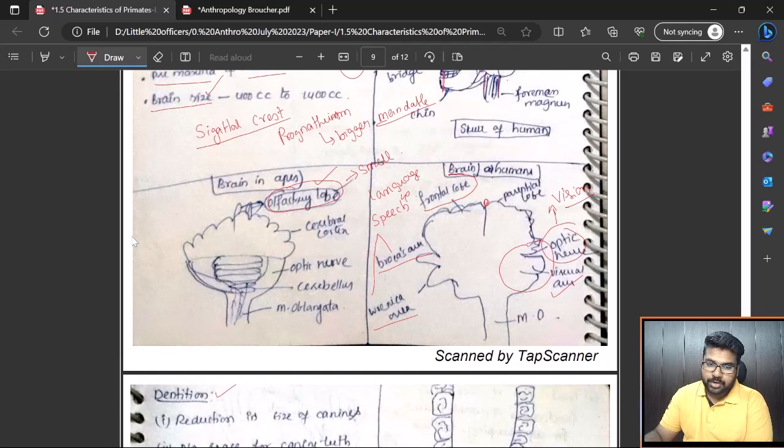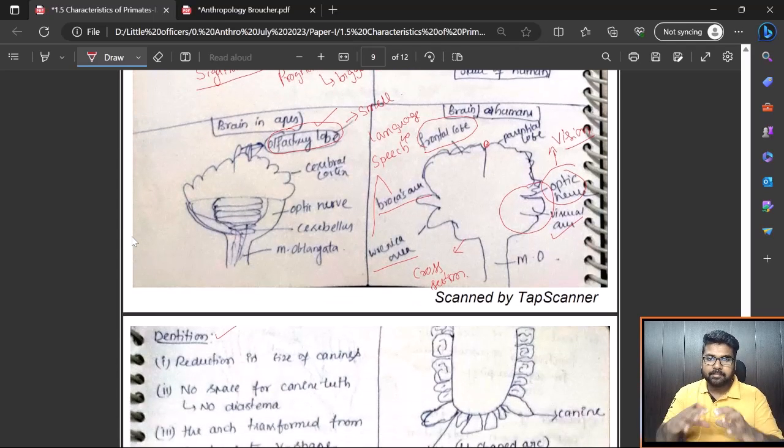Then the frontal lobe became very big. See, this is the cross section of the human brain. What we saw before was the top view, and if we cut that top view and take the cross section, we get a view like this. Frontal area, parietal area, optic nerve, visual area, Broca's and Wernicke's area, which help in speech and language.